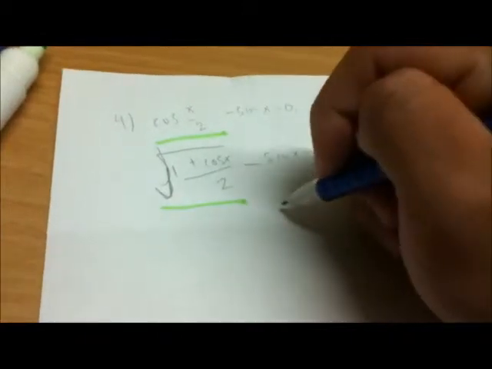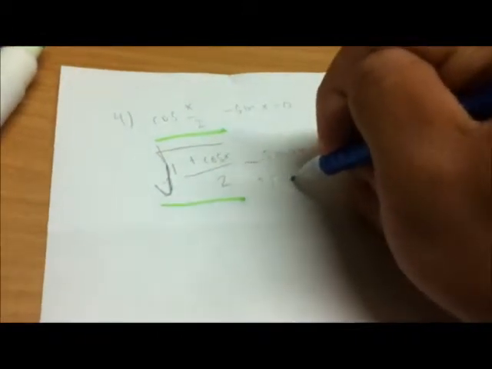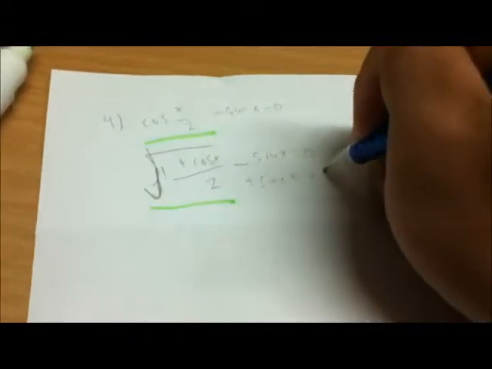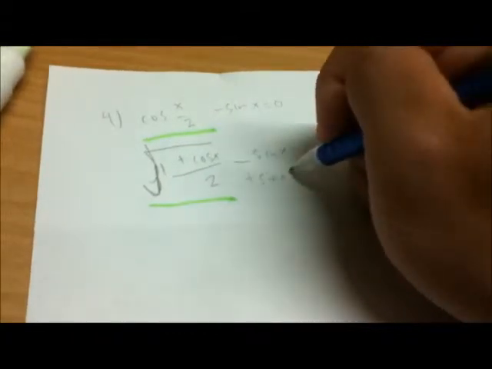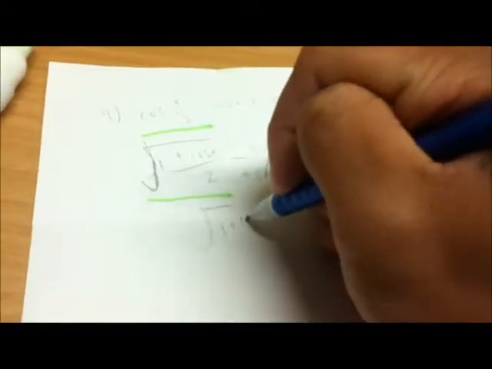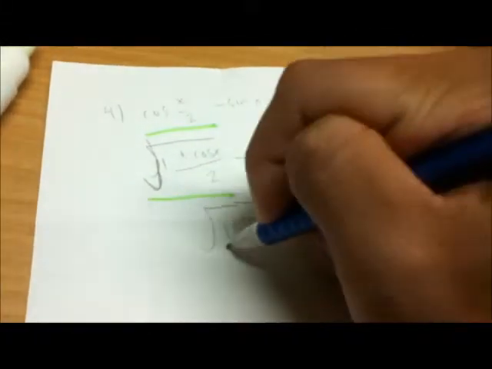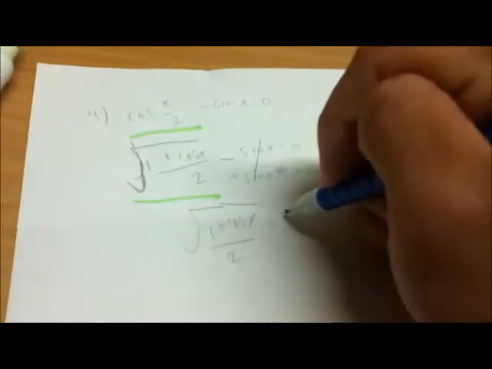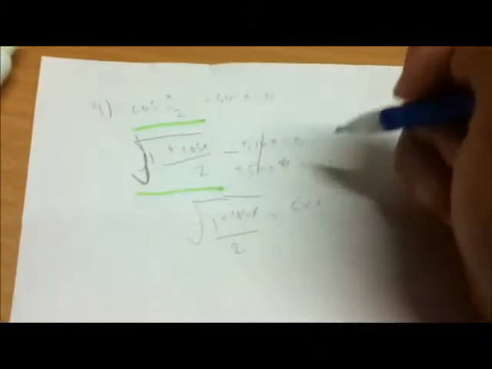Here we want to bring this over by adding. So then we get radical 1 plus cosine x over 2 equals sine of x.